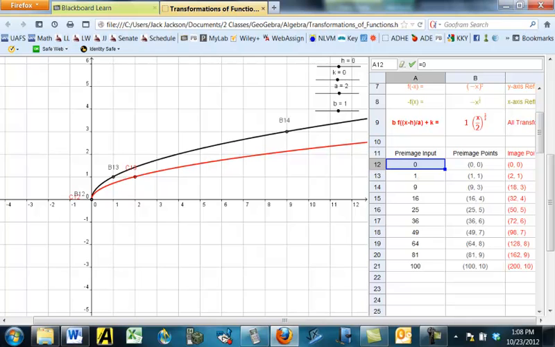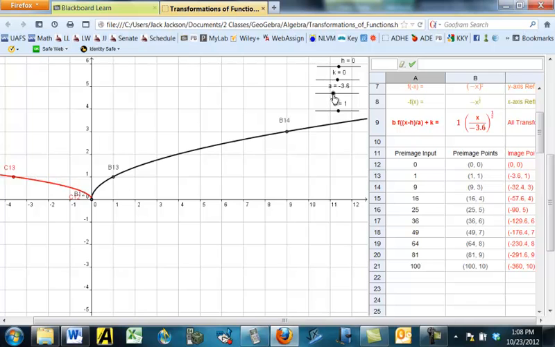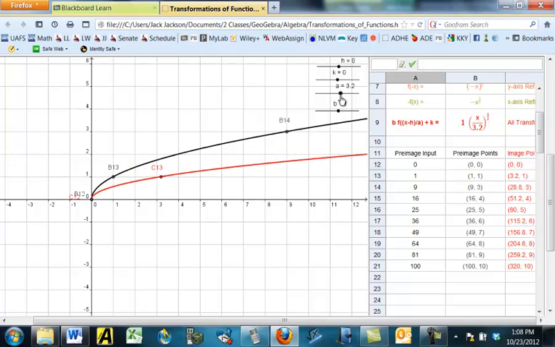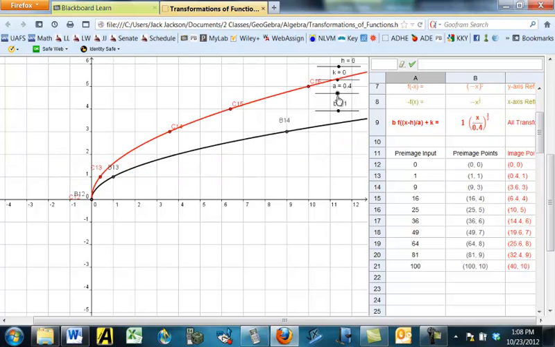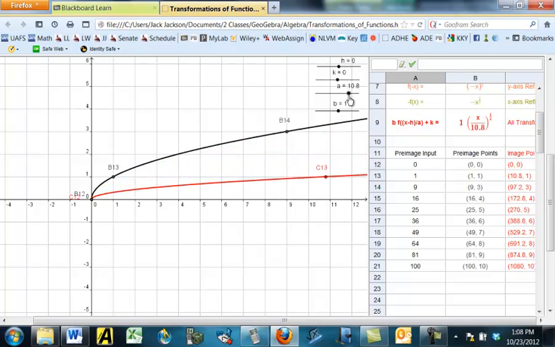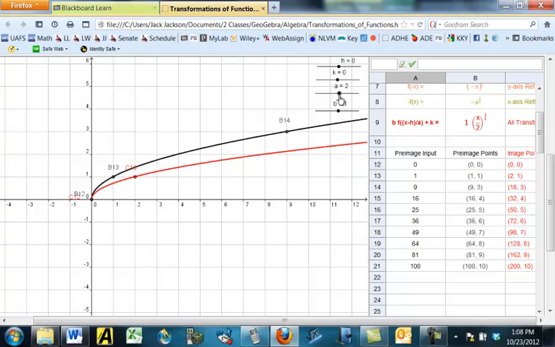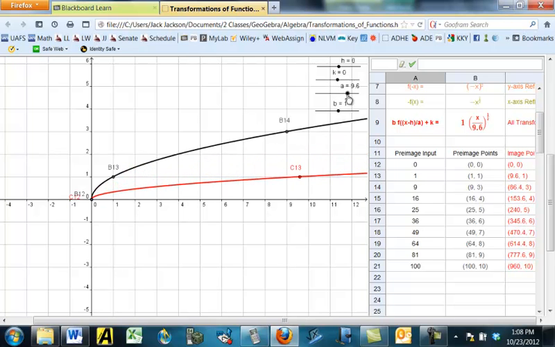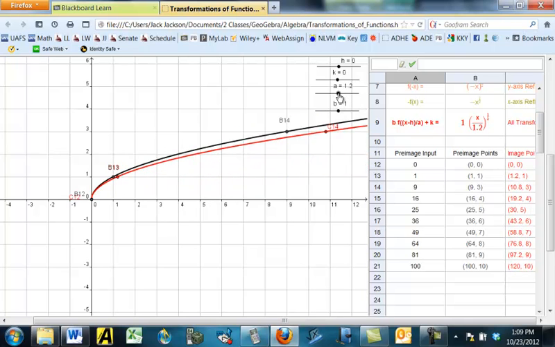But we can see that as a is changed, something different happens when a is negative. We'll talk about that in our next video. But right now we're going to stay with positive a's, and the bigger a is, the further this gets stretched out. Okay, if a is 1, then that's the identity transformation.